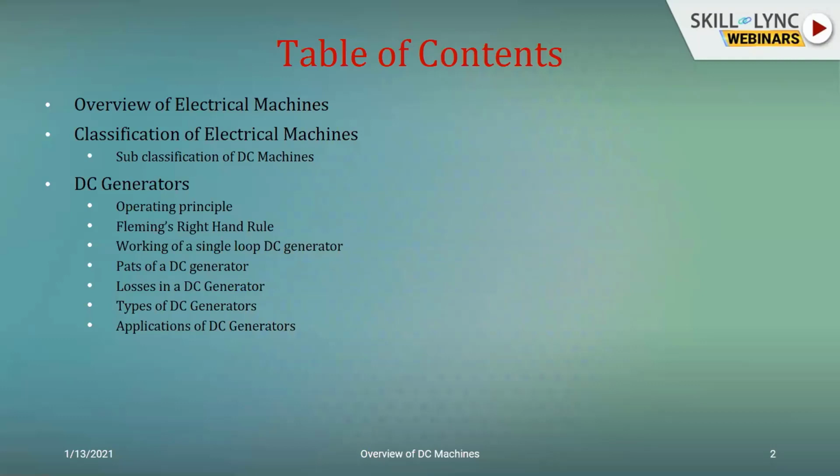In practical conditions, there will be certain losses. So what are those losses? And how do we classify the DC generators, and in the real world, where do we apply them? That would be one section of it.